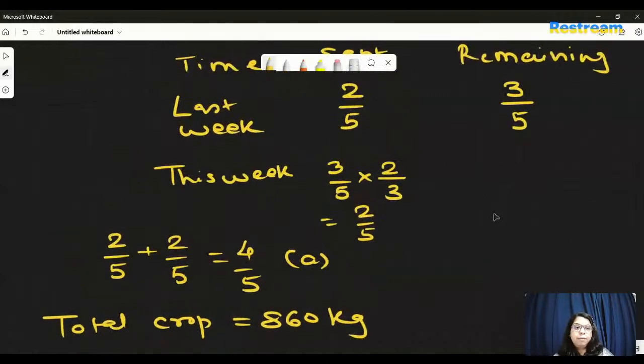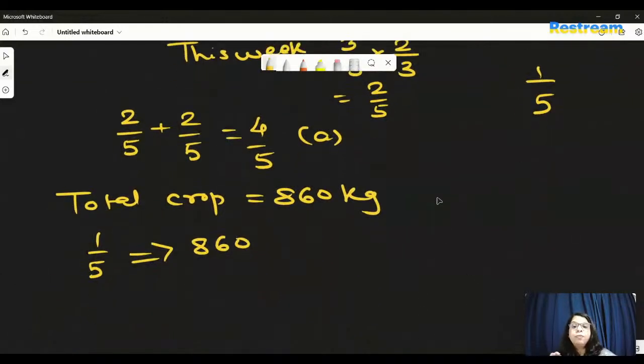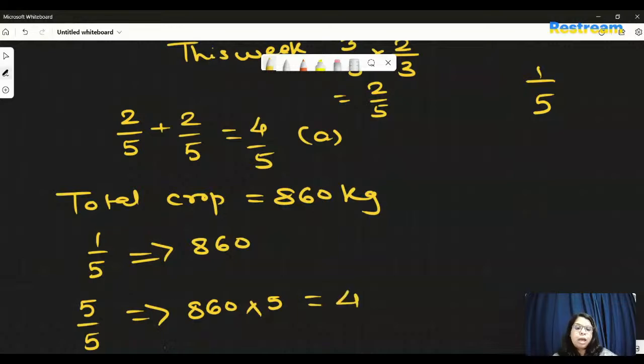So total is 4/5 gone, so remaining is 1/5. Okay, so 1/5 corresponds to 860. So 5/5, which is his entire crop, is going to be 860 times 5, which is equal to 4300. So he had 4300 kgs of potato in the beginning.